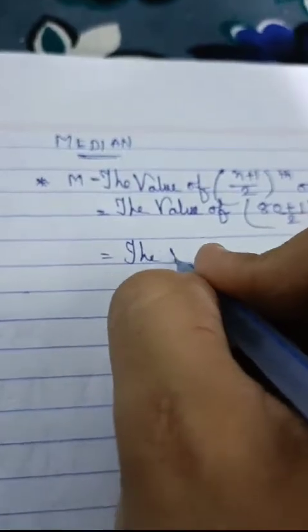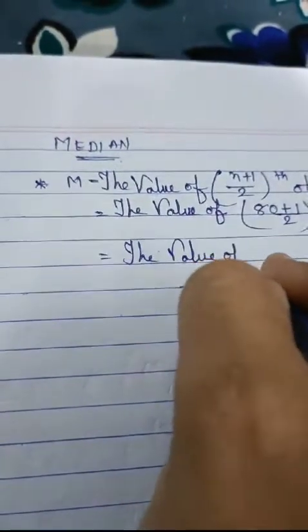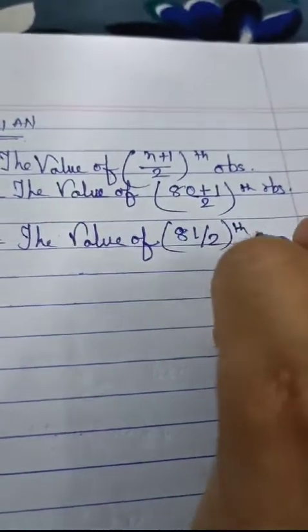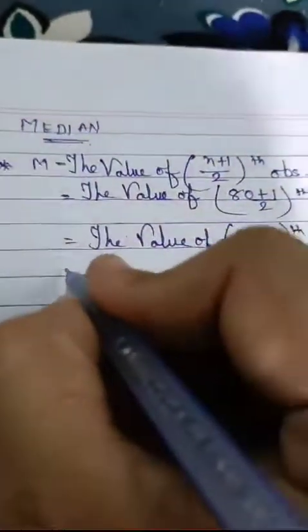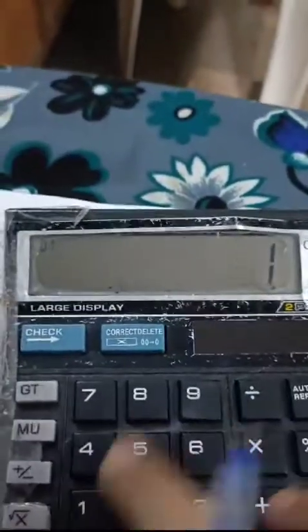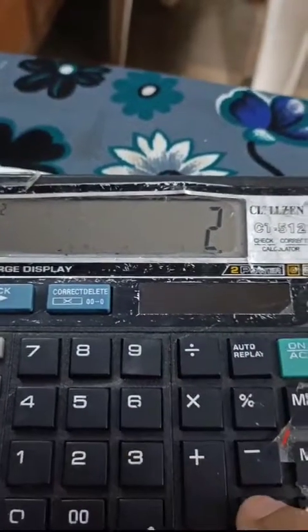So the value of 81 divided by 2 observation. So what is 81 divided by 2? 81 divided by 2 is 40.5.